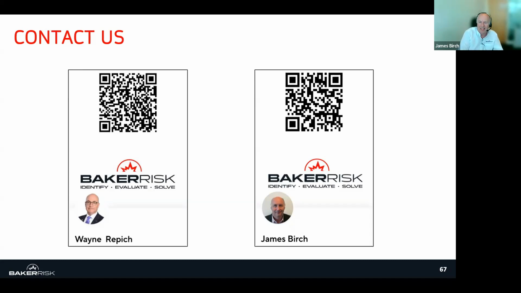But it really is down to the severity of what you're dealing with. And there are ways in bow ties of doing more quantitative analysis, typically like a LOPA study, a layer of protection analysis, where we put reliabilities in. But that can be quite complex.